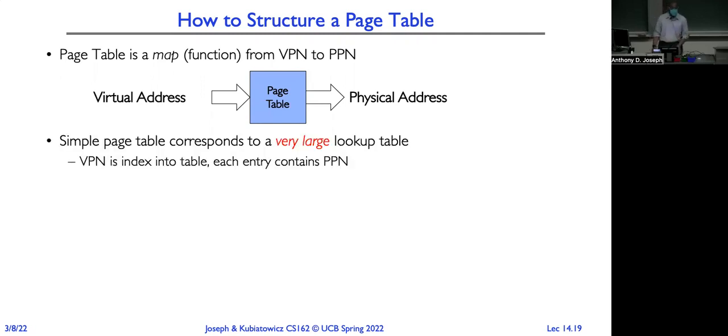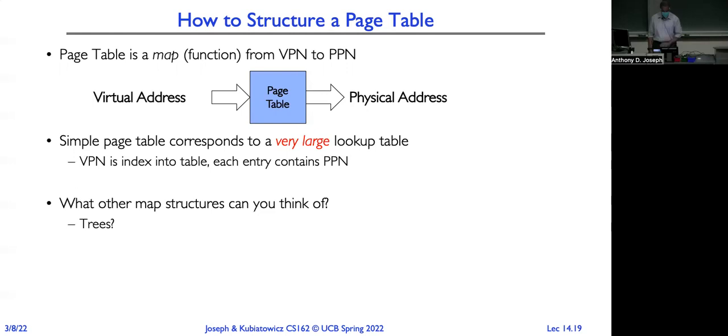Really it's just a really large lookup table, but there are lots of different ways that we can implement a lookup table. We can use those to try and do something more efficient than just having a giant linear table that takes up a ton of contiguous physical memory also.